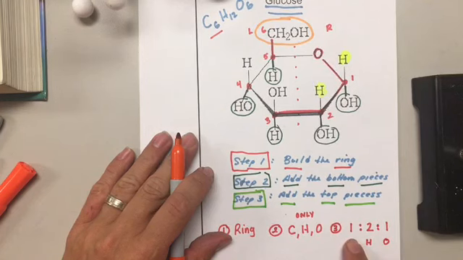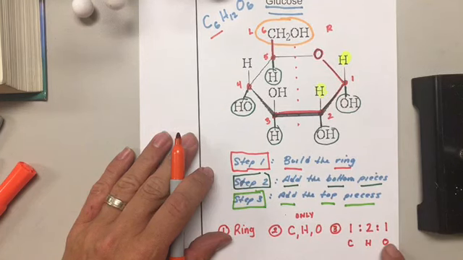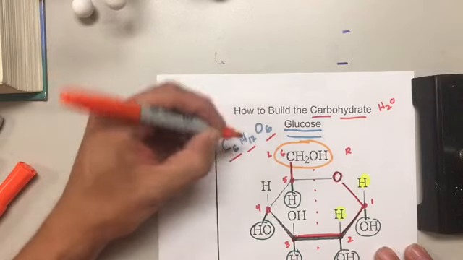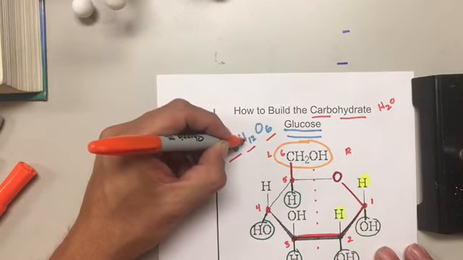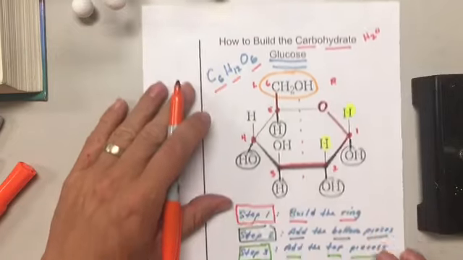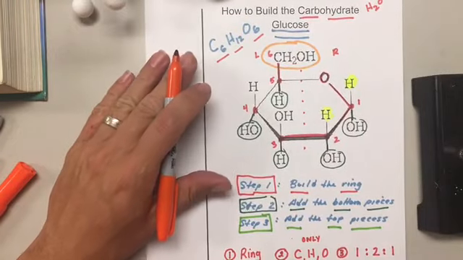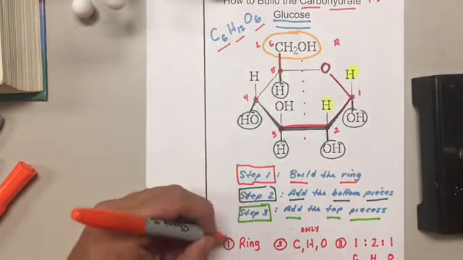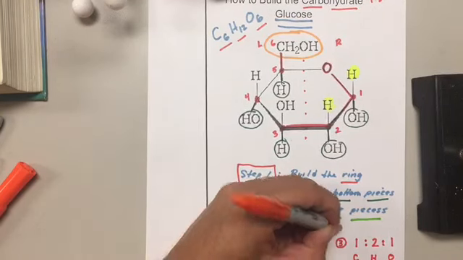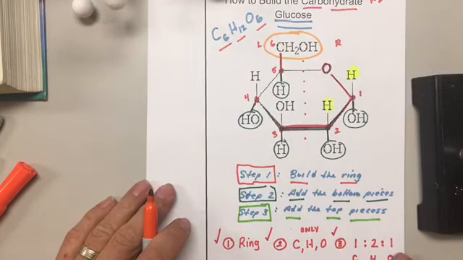If there's 5 carbons, the molecule should have 5 oxygens, and 10 hydrogens. Just like the formula here in glucose. Notice, 6 carbons, twice as many hydrogens and the same amount of oxygen. So all your carbohydrates need to have a ring, only CHO, and this ratio.